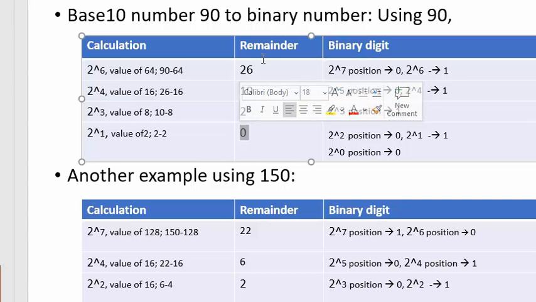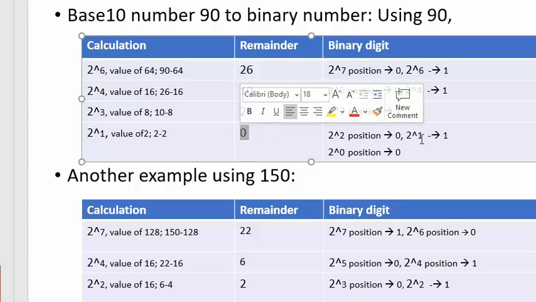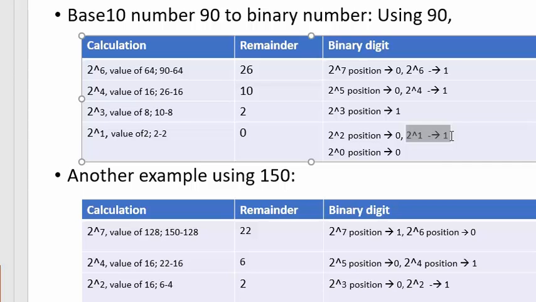So we do this step until you get 0. So 2 to the 1 position gets 1, and 2 to the 0 gets 0. Why? Because the 2 to the 0 position, which is 1, was not used in this calculation.